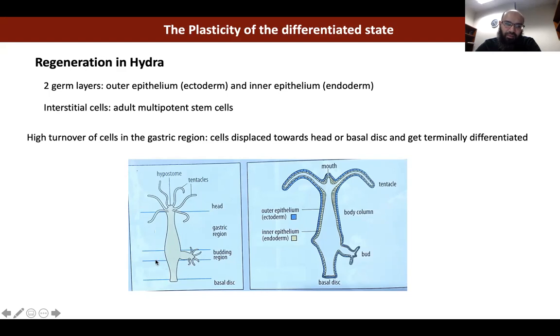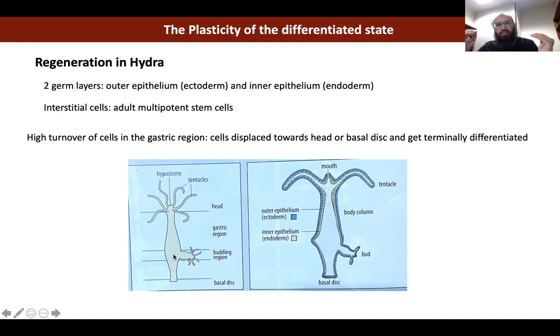But if the cut is facing the basal disc side, then it will always grow a basal disc. It will not grow a head on this side. But this was a different experiment, because here we take out the cells from this region and put them on the side. I will explain the significance of this experiment in a minute.